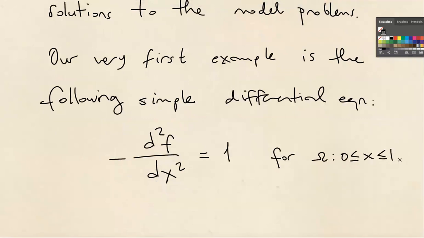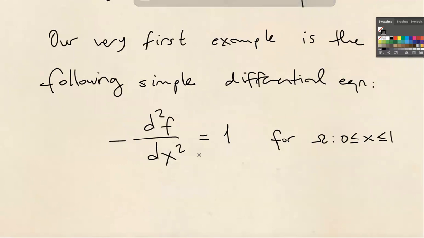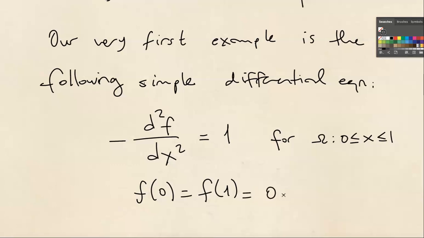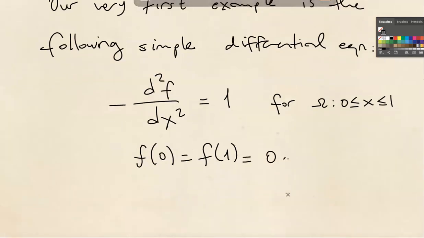Okay, so this is a second order equation, so I need two boundary conditions on f. The boundary conditions are f(0) and f(1), the boundaries of my domain, which have to be defined. Let's make them 0. So f is a function varying between 0 and 1, with boundary values 0 at the ends of the domain, 0 and 1.